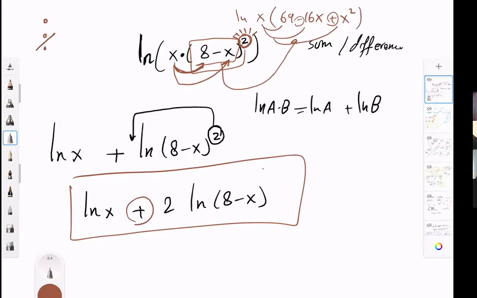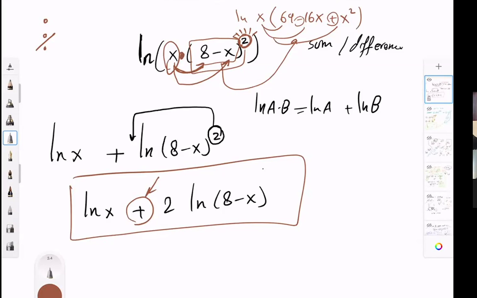So there should not be products, quotients, or powers. Addition and subtraction is okay. I thought it meant you had to get rid of the ln, but we cannot. There's no way we can get rid of the ln.